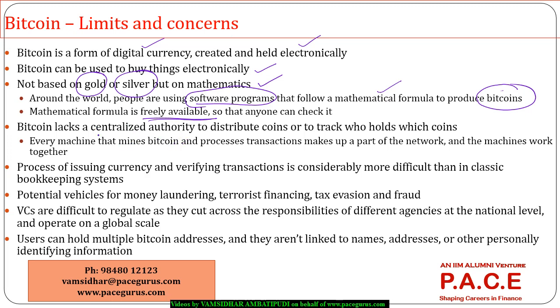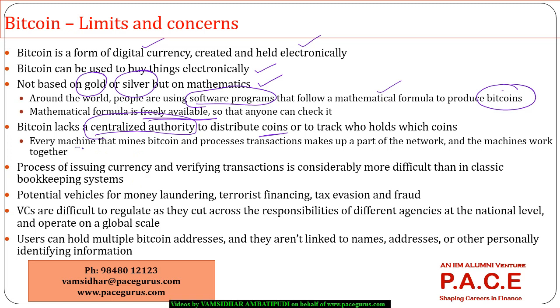Now coming to the negative side, even lacking a central authority looks like a negative also, right? If I want to distribute a coin or to track who is holding how many Bitcoins, it's not possible because there is no single central authority which is controlling the issue process.